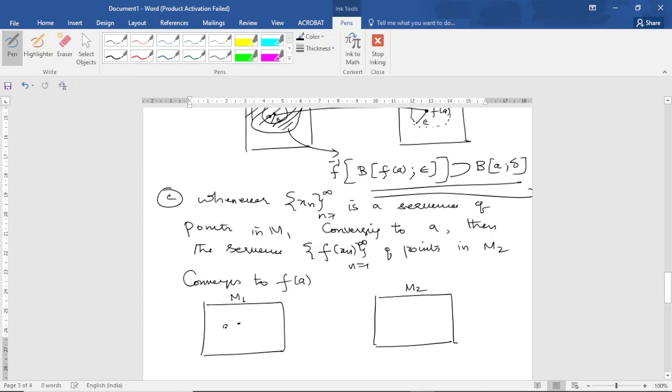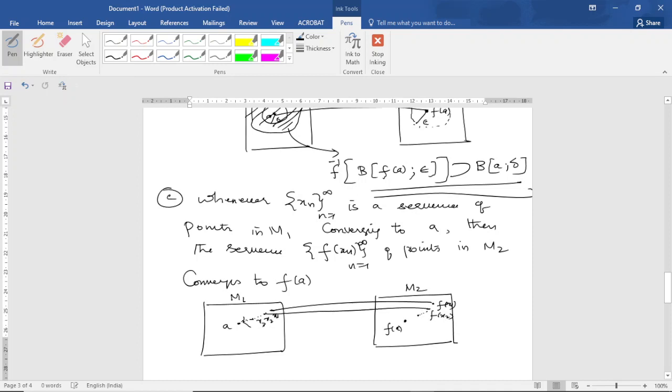Suppose A is here. Suppose there exists a sequence in M1, say x1, x2, x3, approaching A. Then if f is continuous, the corresponding f of x1 is here, x2 is here, the corresponding f of x2 is somewhere here.